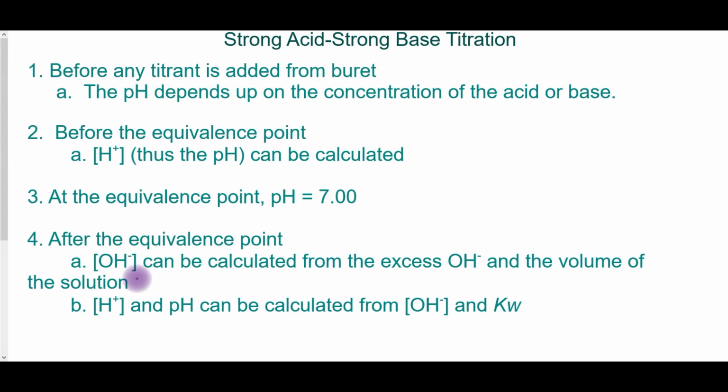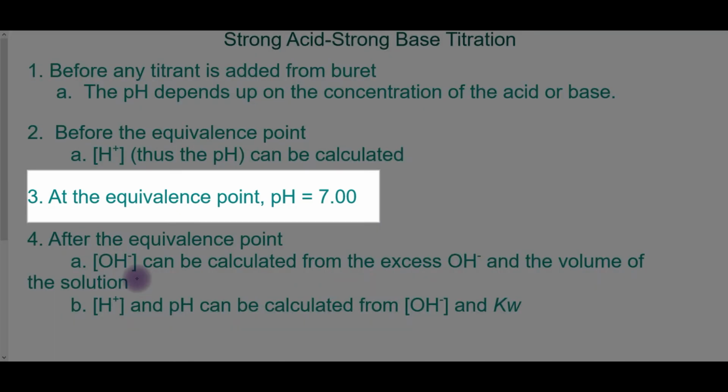So there are 4 points where you can calculate a strong acid, strong base titration. Before you add any titrant, it is just the pH of your initial acid. Perhaps you might be asked also to calculate the pH of the base that's being added. Before the equivalence point, the remaining hydrogen ions, those that haven't reacted with the hydroxide, can be calculated, and you can calculate the pH.